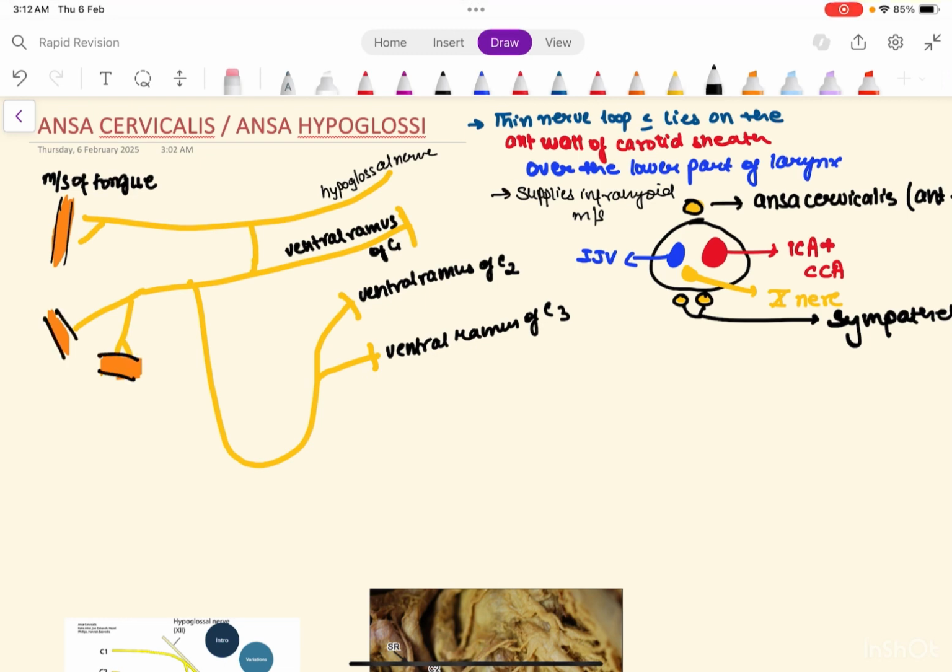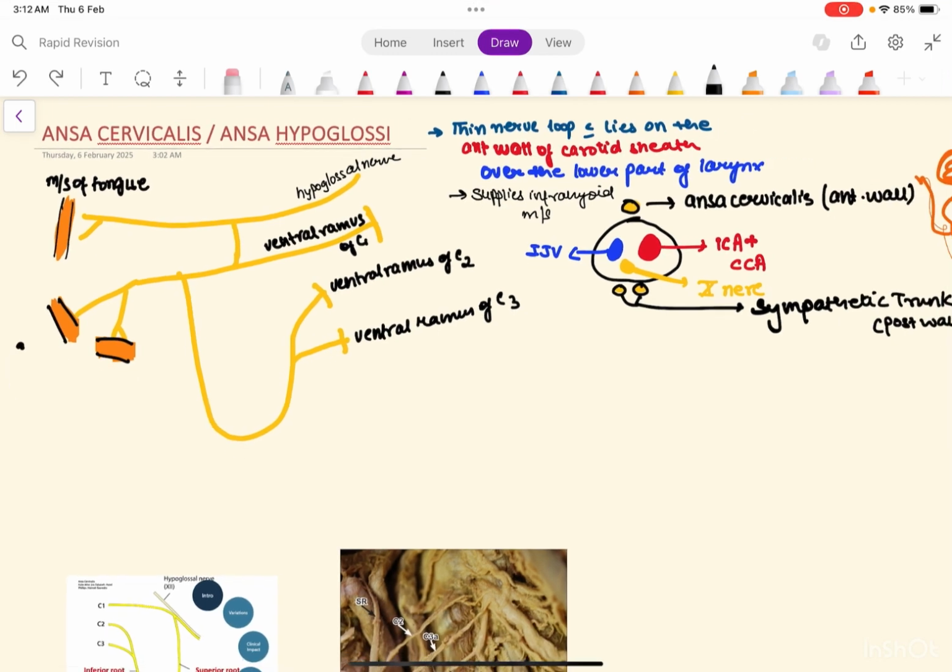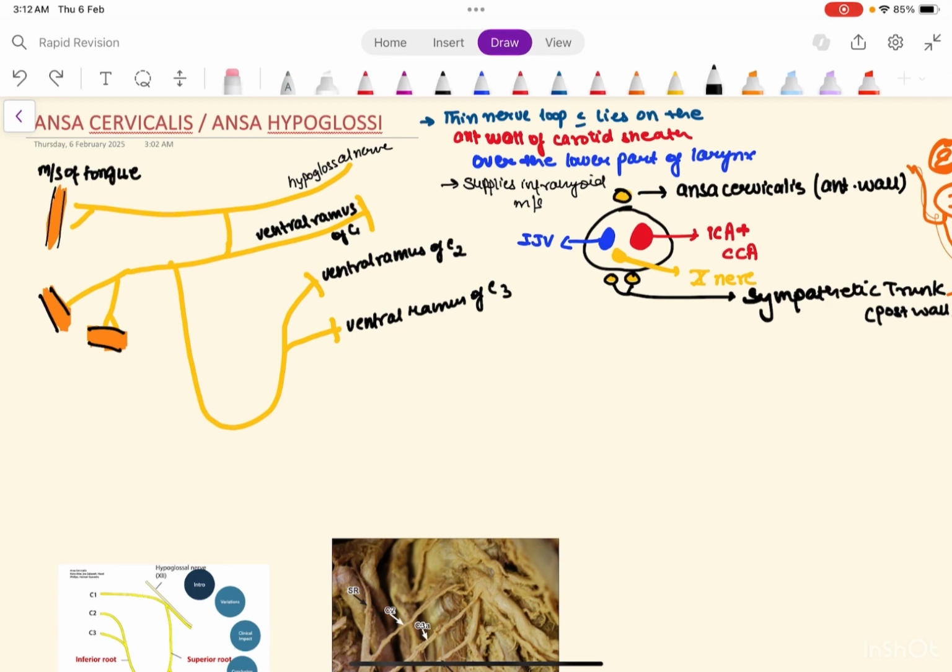Here you should know that the ventral ramus of C1 supplies only two muscles, and this is the question that is usually asked. It supplies the geniohyoid and thyrohyoid.